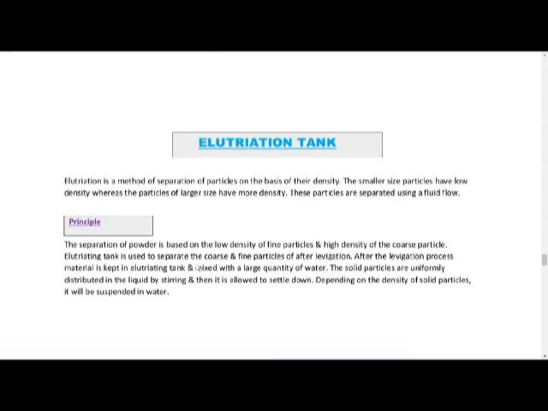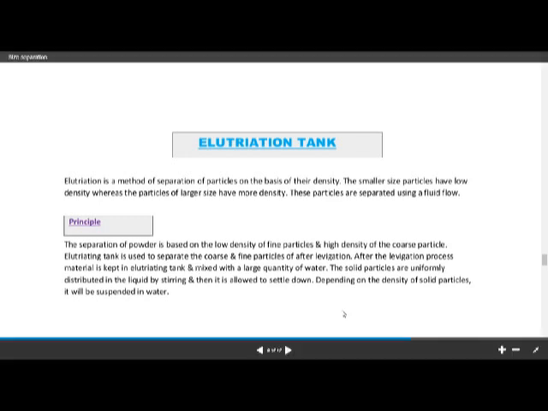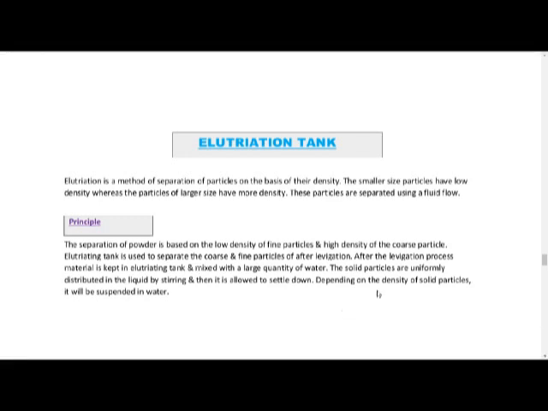After levigation, this material is kept in the elutriating tank and mixed with a large quantity of water. These solid particles are uniformly distributed in the liquid by stirring, and then they are allowed to settle down.